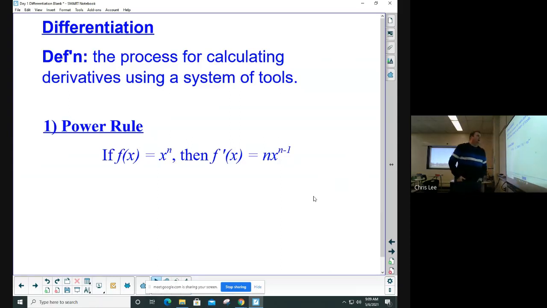So in all these definitions, I'm going to give you the mathematical definition, but understanding it with an example is going to be much easier. If the original function is x to the power of n, for example x squared and x cubed, then the derivative is n times x to the n minus 1.